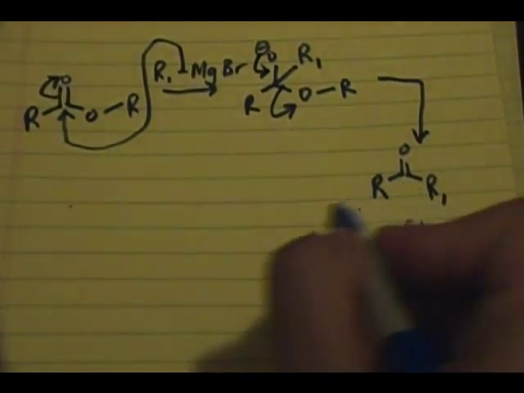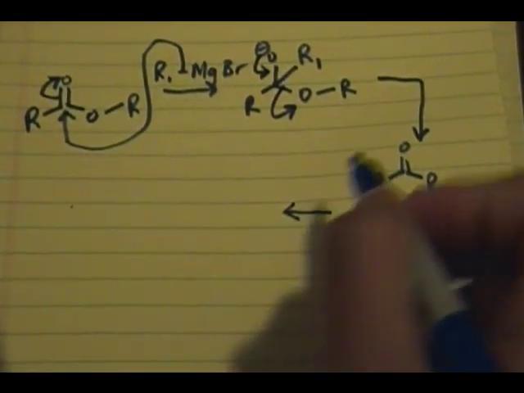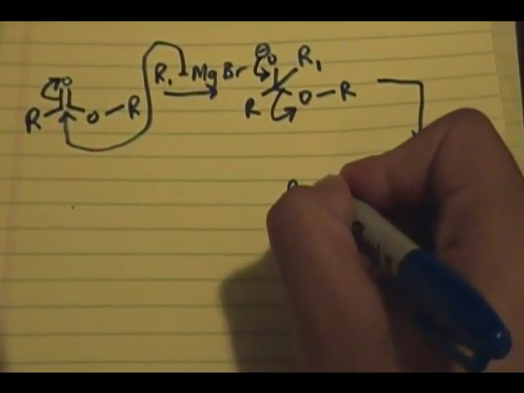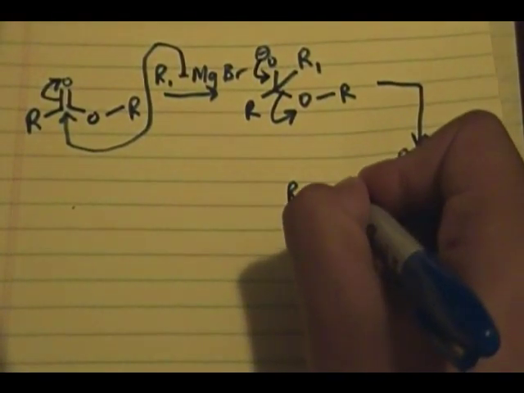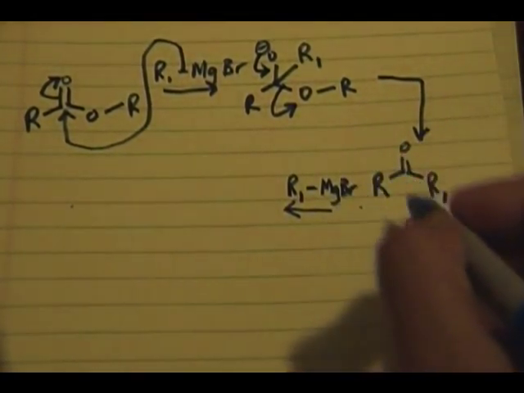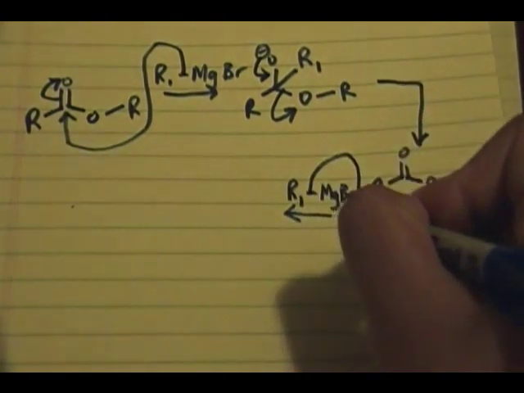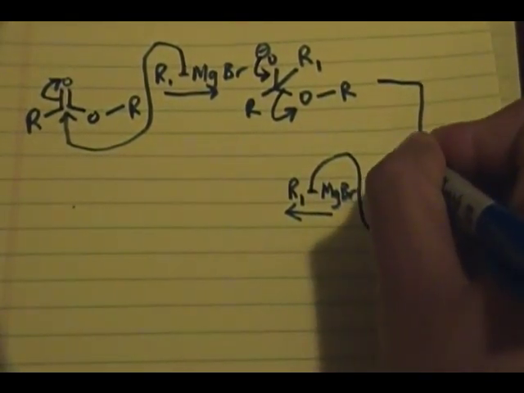You have to continue going. You add another equivalent of the Grignard reagent, again into the carbon of the carbonyl. So it adds again. You reform that O negative.